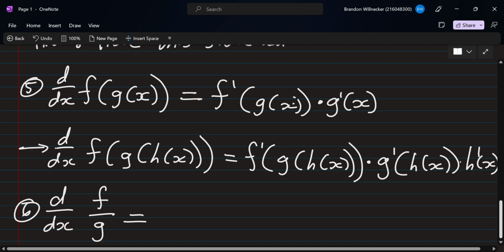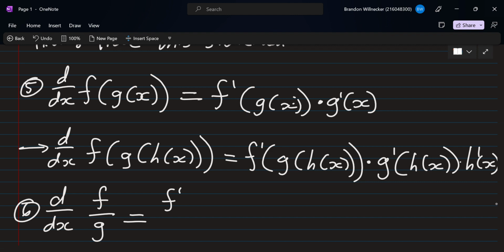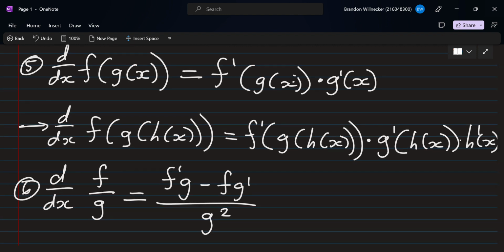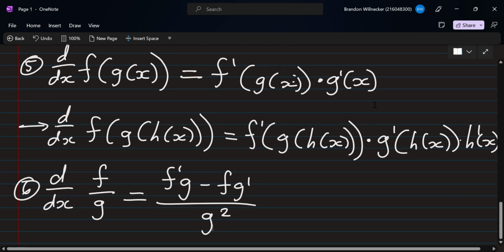If we have a quotient of functions, this is going to be given by f prime g minus f g prime. So very similar to the product rule, but we've got a minus, and also we need to divide by g squared. So that is the quotient rule.